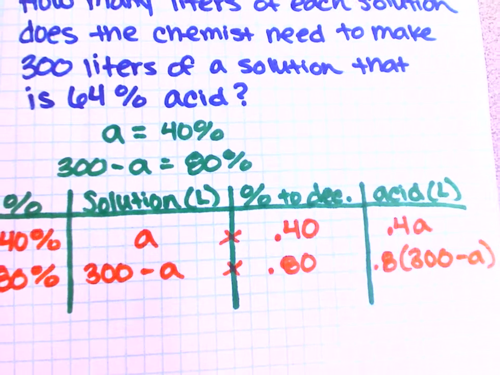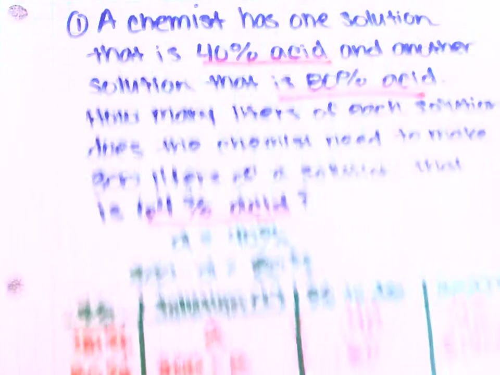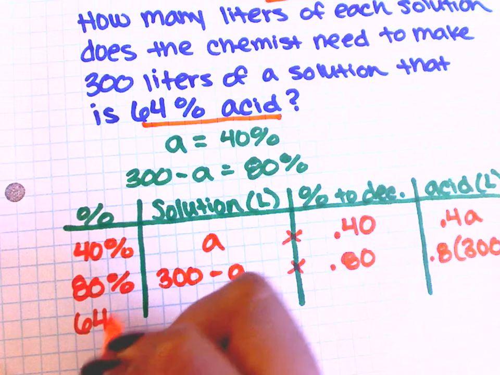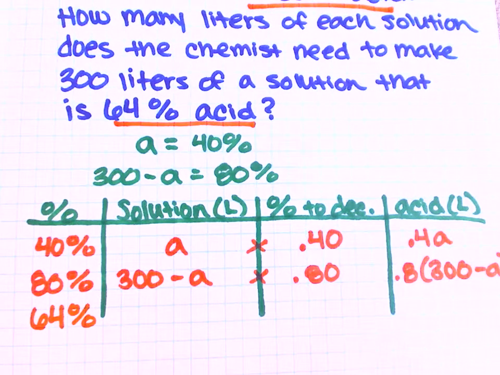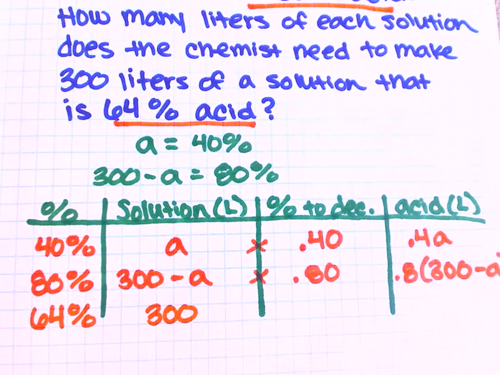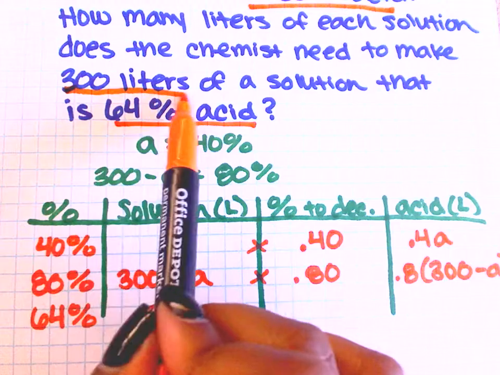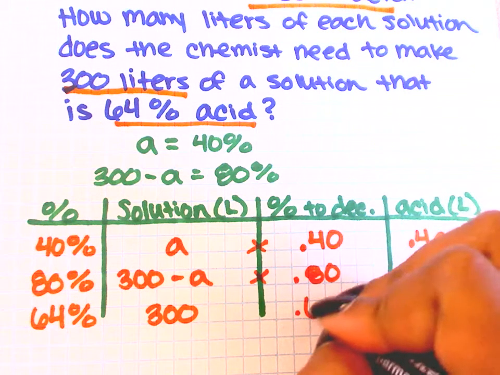And the last thing I'm going to do is the solution that he wants, which he says is 64% acid. So that's what goes here, 64%. That's what he says he wants. And how many liters does he say he wants? He wants 300. That's right here in the problem, 300 liters. Change 64% to a decimal, 0.64.